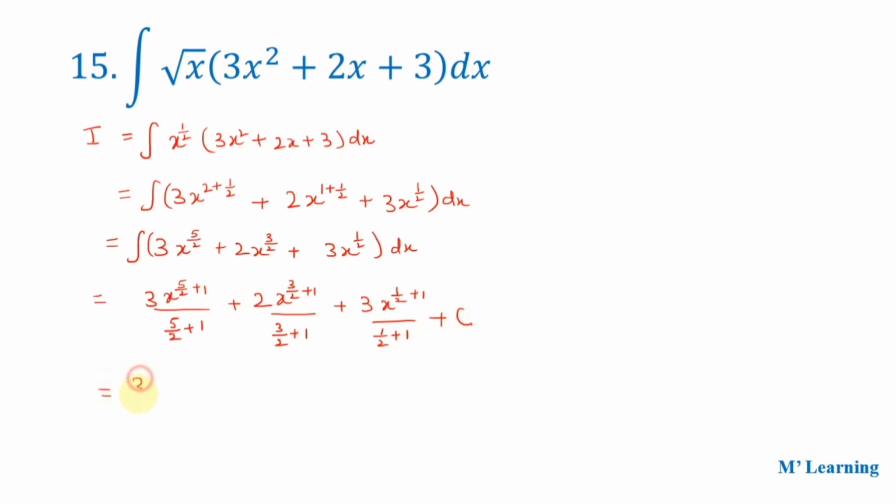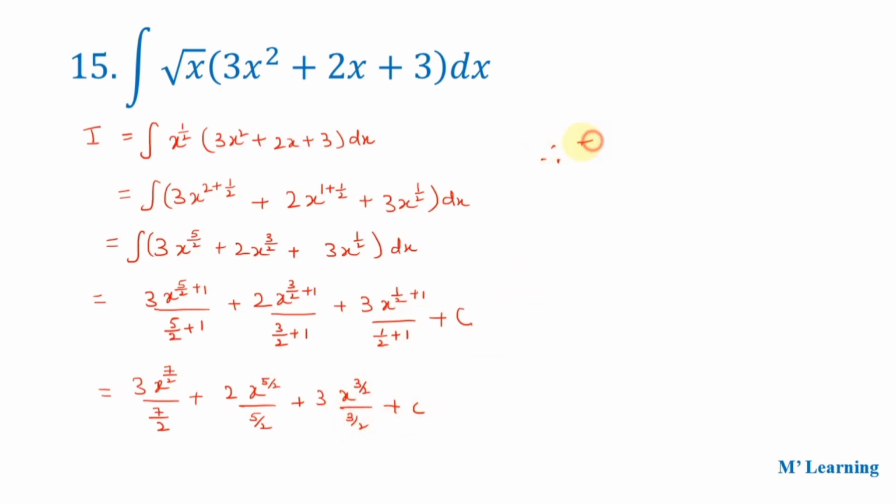So this will become 3 into x to the power 5 by 2 plus 1. इसका एलसीएम लेंगे तो ये जगह 5 plus 2, that is 7, whole by 7 by 2, plus 2 x to the power 3 by 2 plus 1 becomes 5 by 2 whole upon 5 by 2, plus 3 x to the power half plus 1 becomes 3 by 2 upon 3 by 2, plus c.